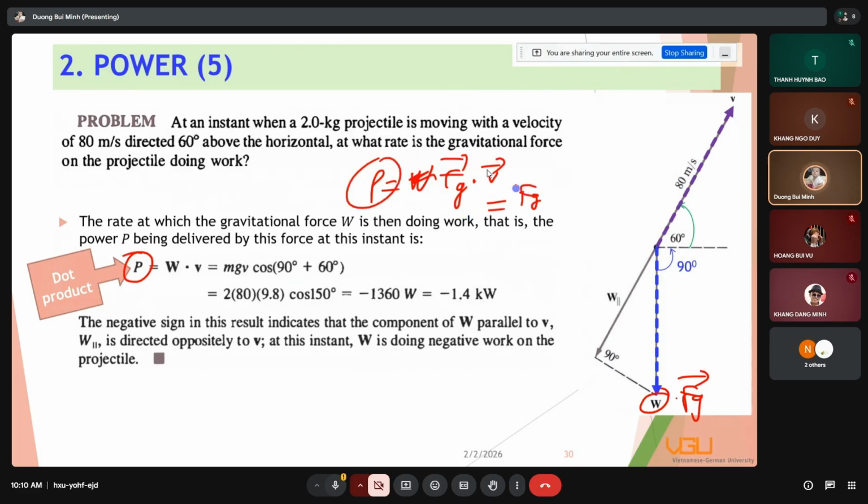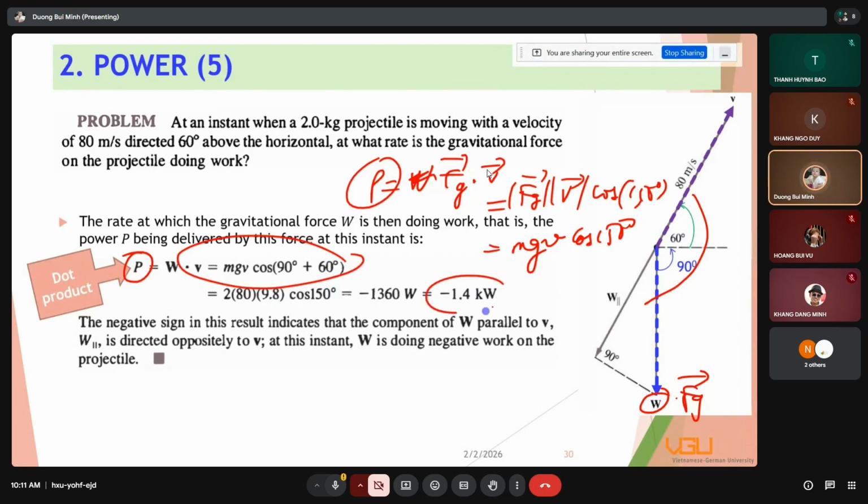Then you can get the magnitude of FG and the magnitude of v, and cosine, because this is a dot product, so you get the phase angle here. Cosine of 90 plus 60, you get 150, right? The magnitude of FG is mg, the magnitude of v is v, and you get cosine 150. Finally, you get minus 1.4 kilowatts, a negative power.